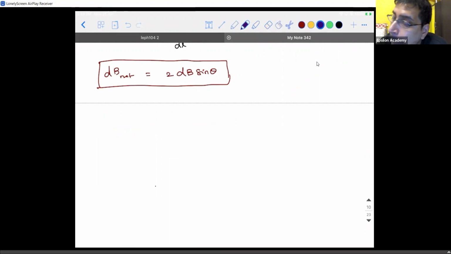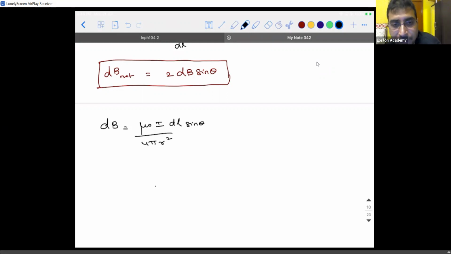So let's see. What is the value of dB, guys? Go back to Biot-Savart law. What does Biot-Savart law state? Mu naught I divided by 4 pi r square into dl sin theta.